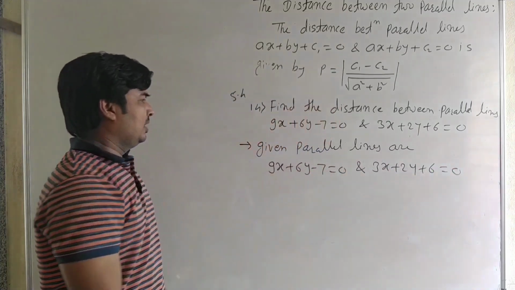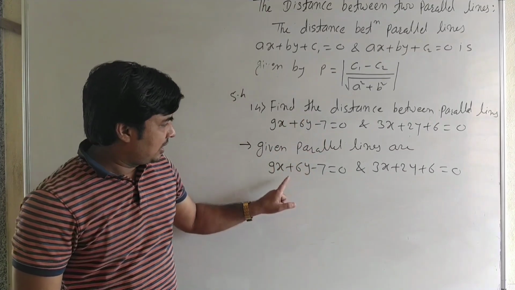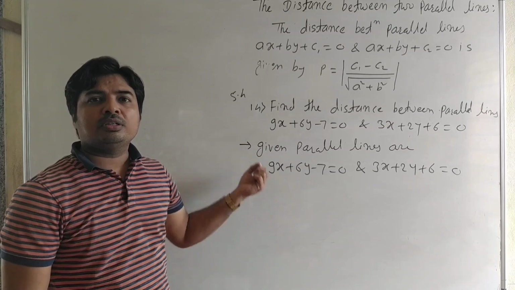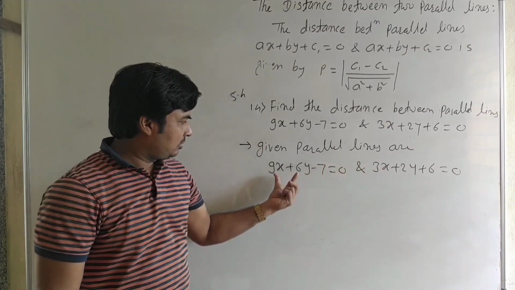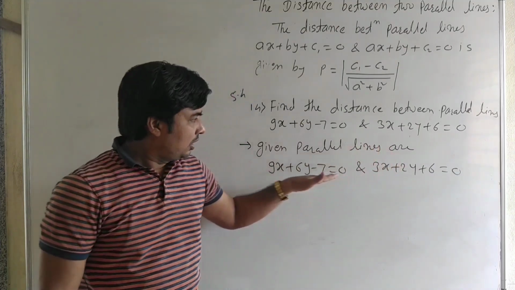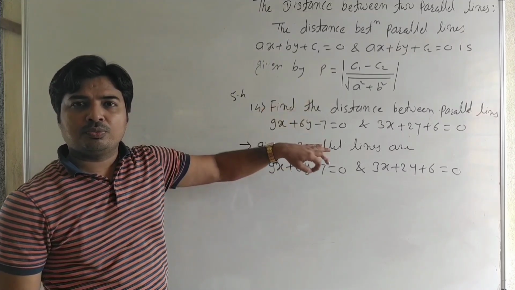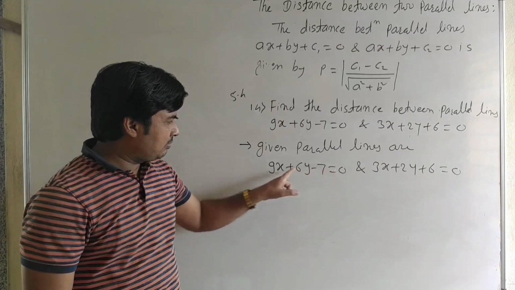See carefully. To find the distance between parallel lines, the coefficients of x and y should be the same in both equations. Here in both equations the coefficients of x and y are not the same. So first we make the coefficients of x and y equal. Therefore we divide the first equation by 3.